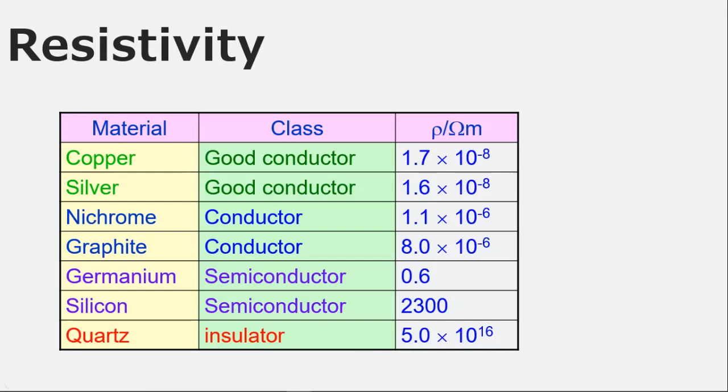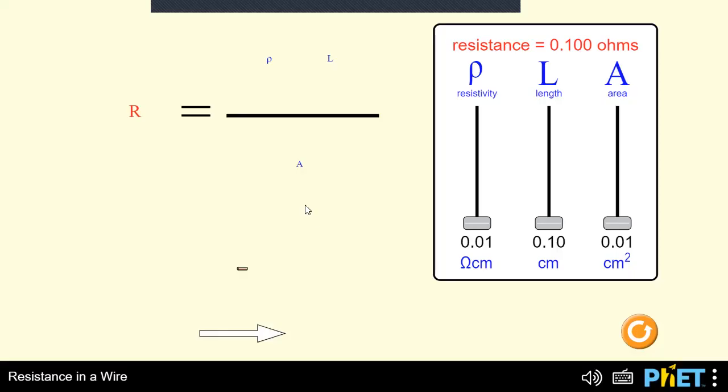Let's look into a simulation to learn more about the relationship of resistivity to the resistance. So we have here that R, the resistance, is equal to the resistivity times the length divided by the area.